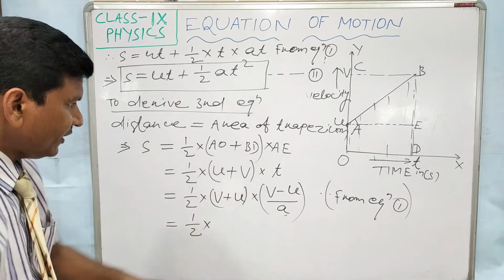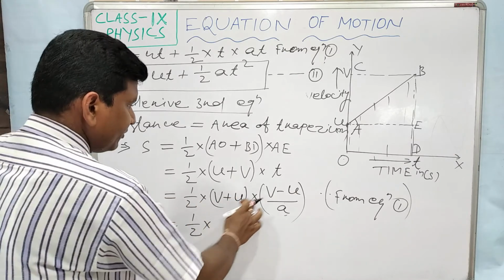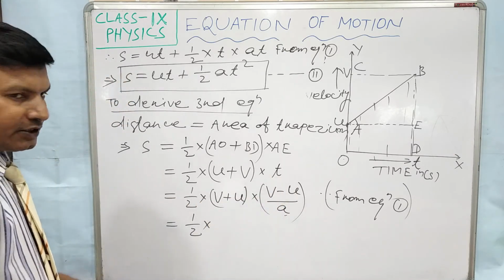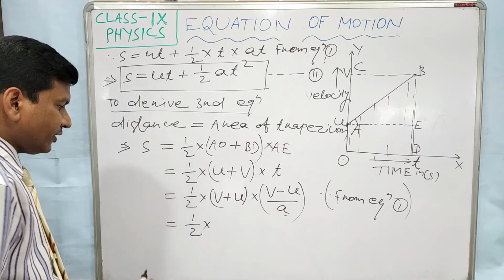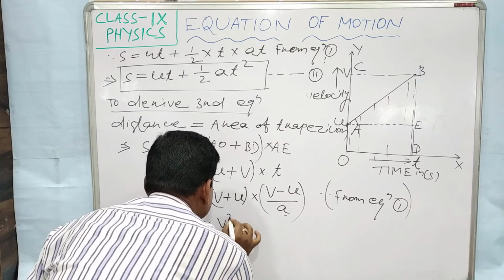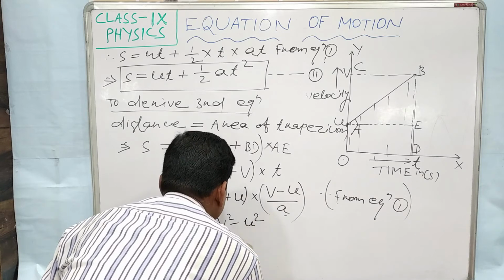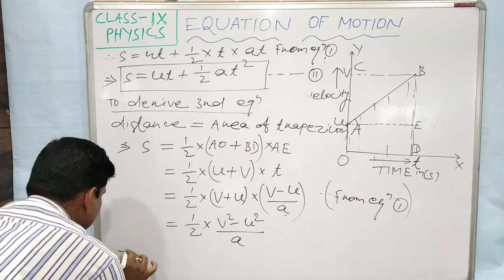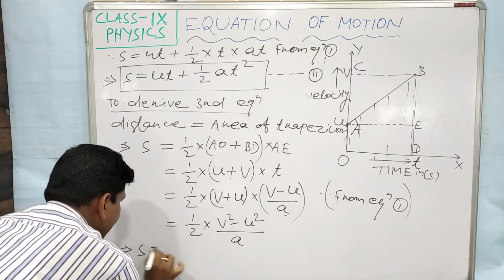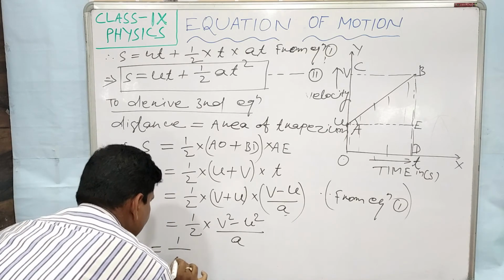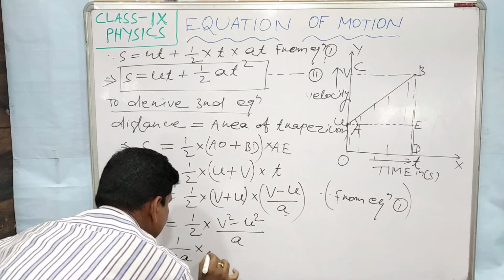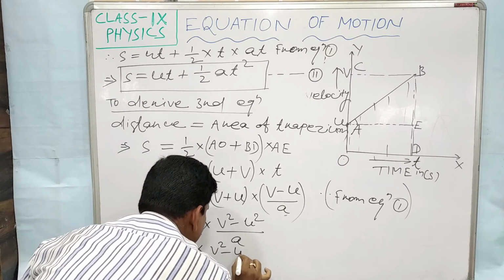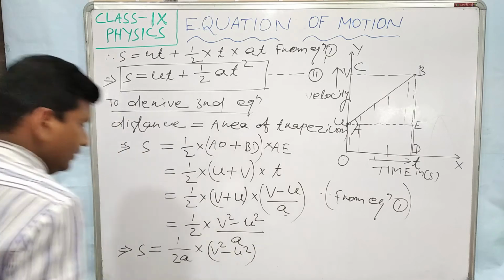So it is the same way here. So V plus U into V minus U means it will be V square minus U square. So write down V square minus U square divided by A. So that implies S is equal to 1 by 2A into V square minus U square.